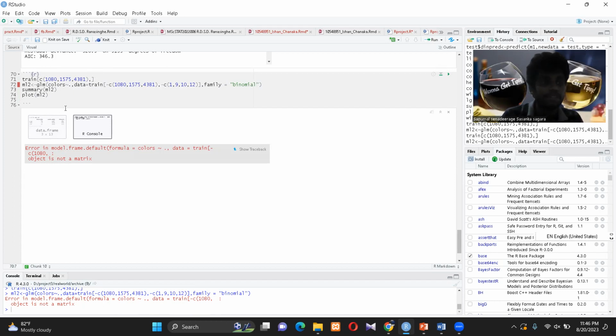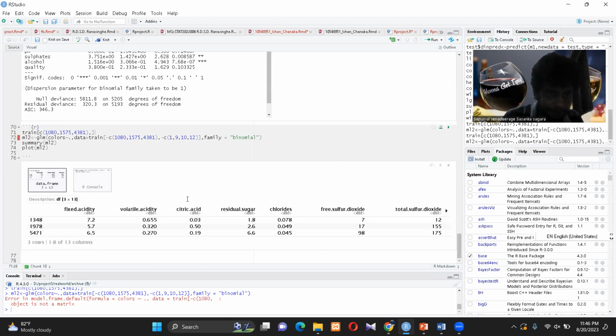Let me check. Data equals object. This has given us a result, right?